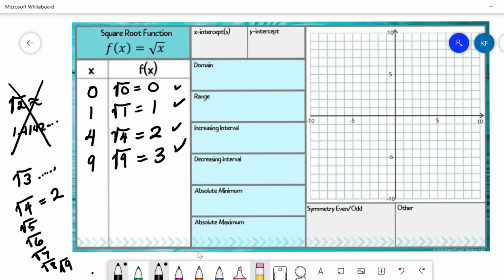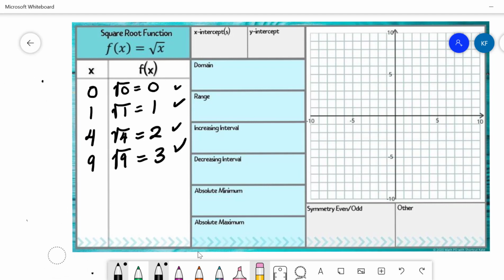All right, so now we have our values for the graph. So I'm going to come over and start plotting the points.